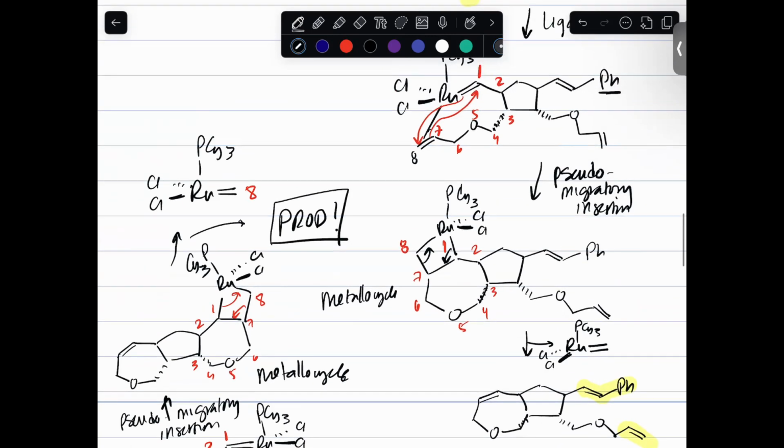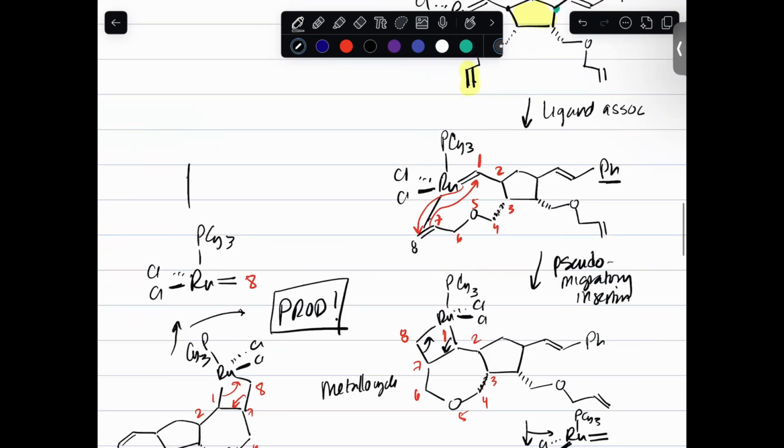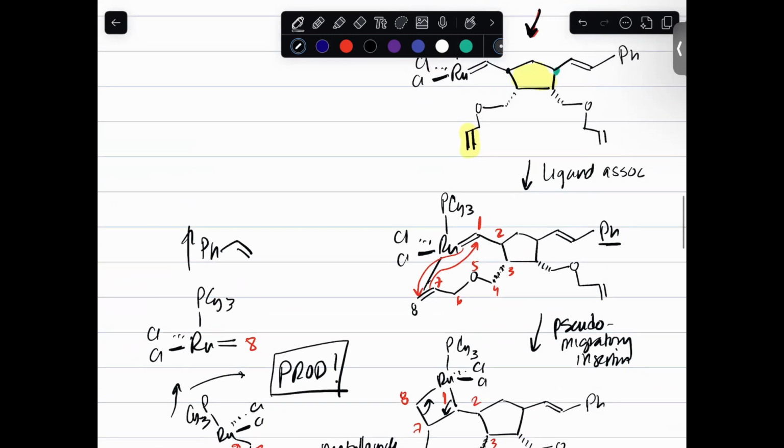Okay. And then, of course, we introduce the styrene. I know we keep doing this over and over, but we kind of need to keep track of have we finished the mechanism, right? If we haven't formed our catalyst, then the mechanism isn't done. We have to keep going. Dissociation. So just bear with me.